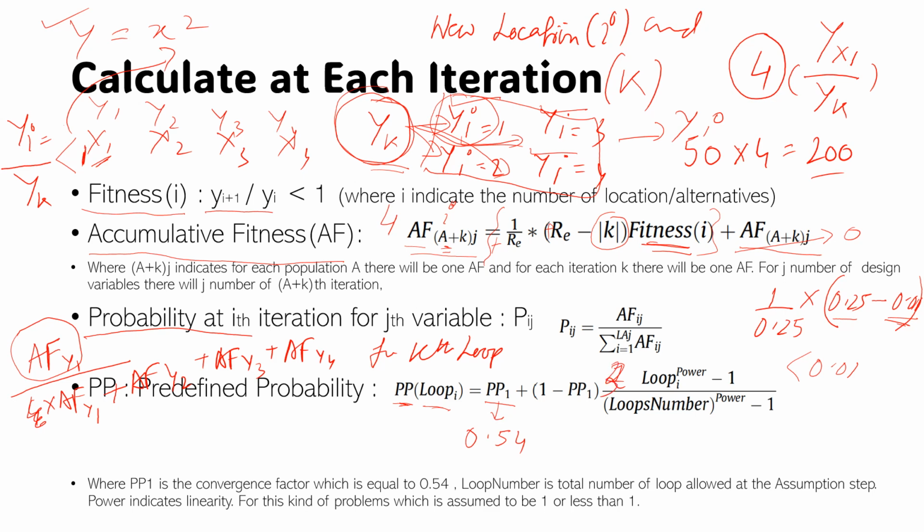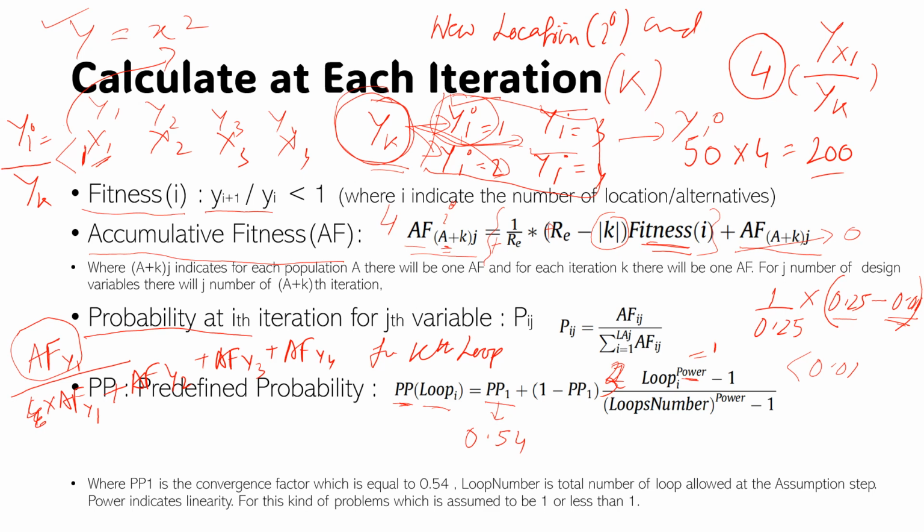Okay, so if it is the ith number of loop, then it is loop I. And this power is the degree of linearity. So we take power equal to 1, the linear value only, or less than 1. We experiment with the power, but mainly we assume that power is 1, such that the linearity is maintained.